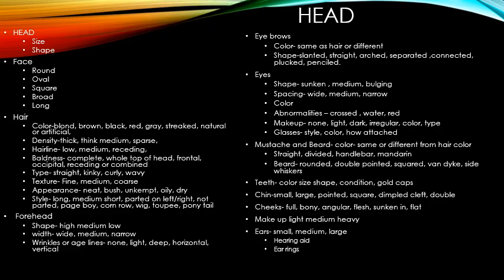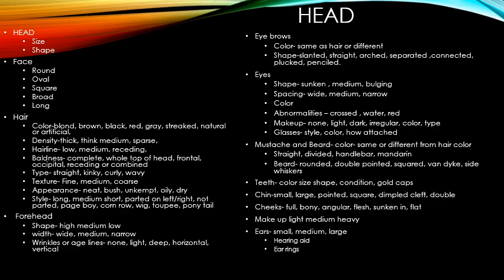Their color, if you can tell. Abnormalities, cross-eyed, watery, or red. Makeup, none, light, dark, or regular color or type. Glasses, the style, the color of them, how they're attached. Mustache and beard, color, same or different from the hair. Straight, divided, handlebar, mandarin. Beard, rounded, double pointed, squared, Van Dyke, side whiskers.